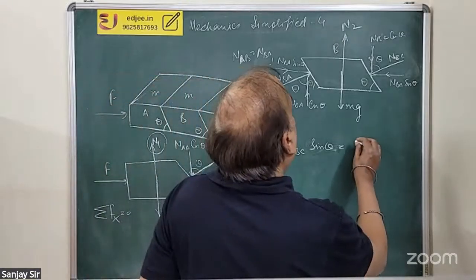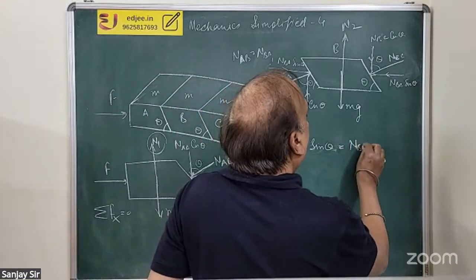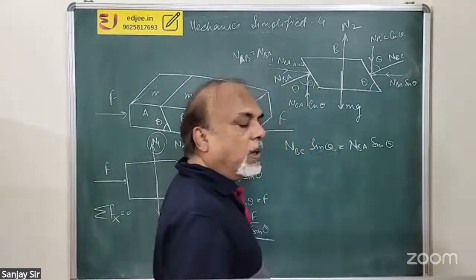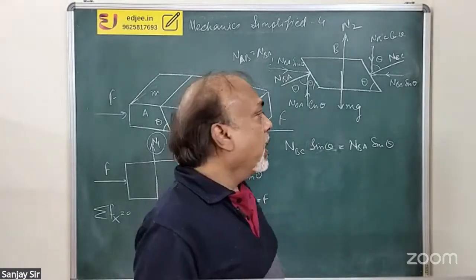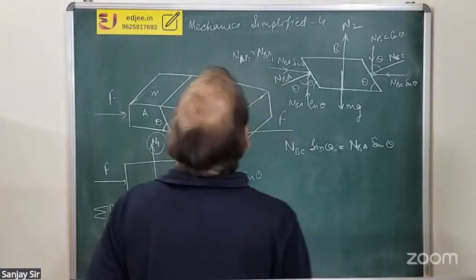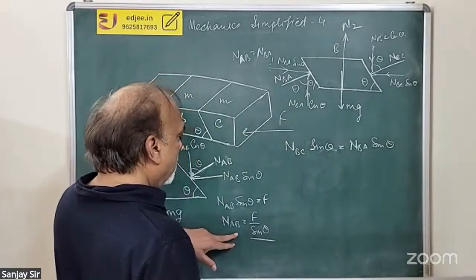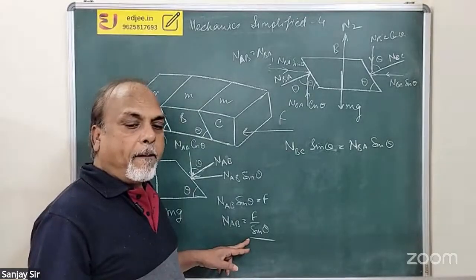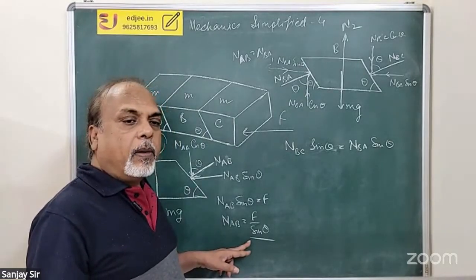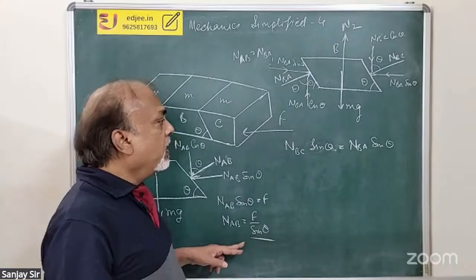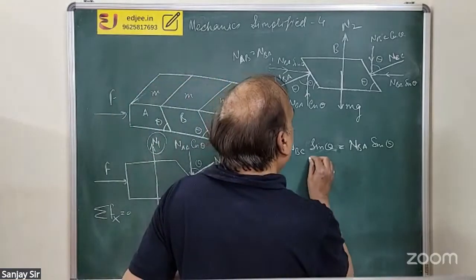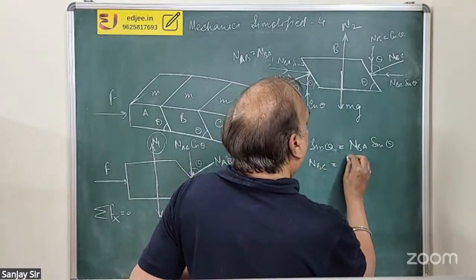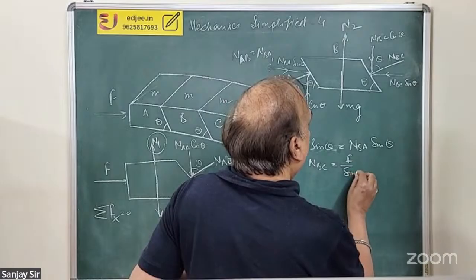That is only one, and that is NBA sine theta. Correct? That means NBA we have found out. So here NBC is nothing but F upon sine theta.